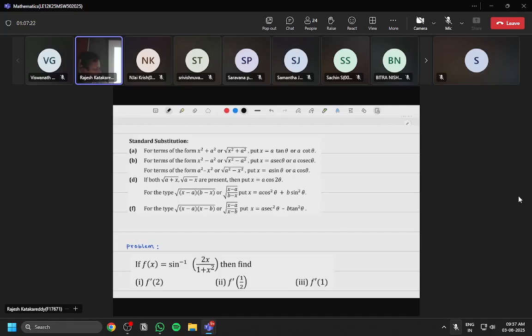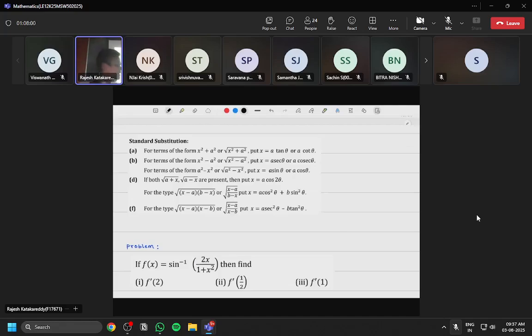In place of x, instead of a tan theta, a cot theta also we can substitute, that is cosecant square theta minus cot square theta is equal to 1. If I have square root of a square minus x square, that is from sine square theta plus cos square theta is equal to 1. Based upon these three identities, I have three substitutions I can take while solving inverse trigonometry derivatives or normal integration as well.